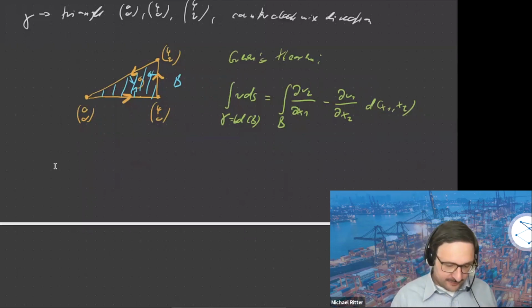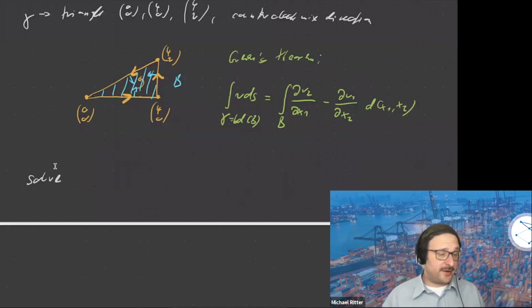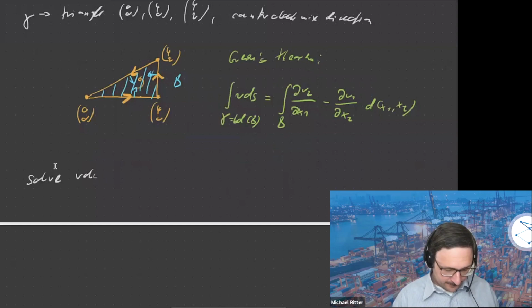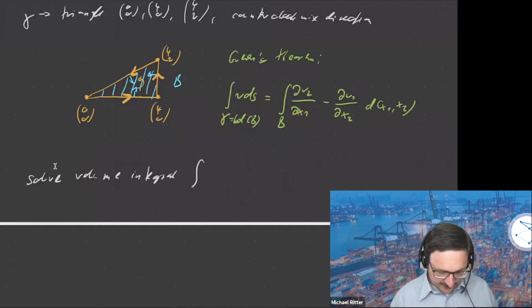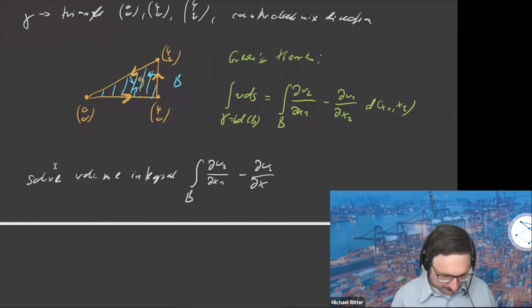Now, to solve the volume integral, what we need is a representation of B. So we want to solve the volume integral of this expression here. That's dv2, dv1 here, of course, and dx2.